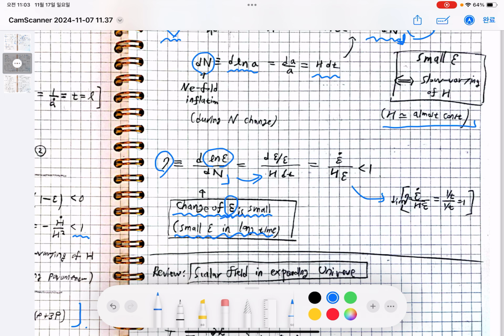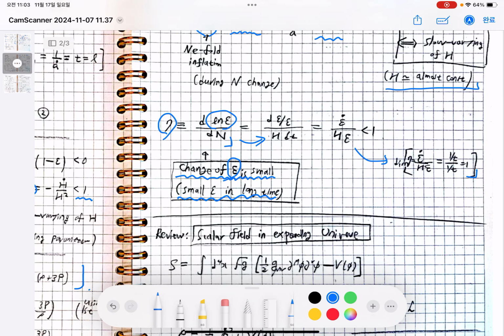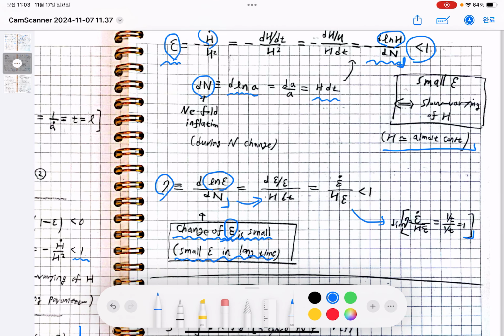Also the dimension of eta equals 1, epsilon dot is 1 over t, and H is 1 over t. And eta should be smaller than 1. So there are two conditions: epsilon should be smaller than 1, and eta should also be smaller than 1. And the small epsilon means that the Hubble is almost constant, and the small eta means that the small epsilon is maintained for a long time.